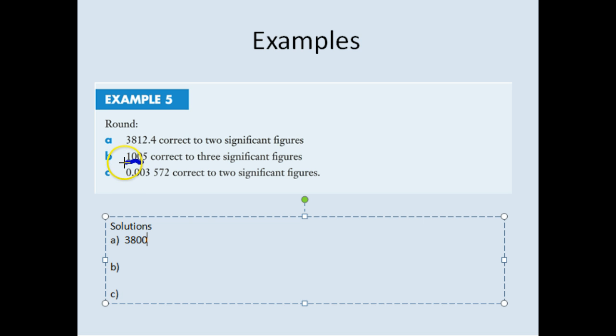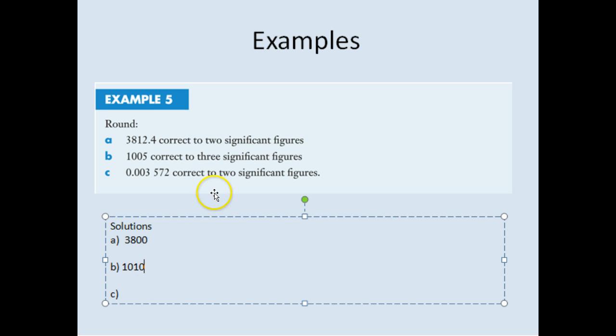So the 1, the 0, and the 0 are significant. Now this 5 rounds the 0 up to 1. So my solution is going to be 1,010. That is rounding 1,005 to three significant figures, 1,010.